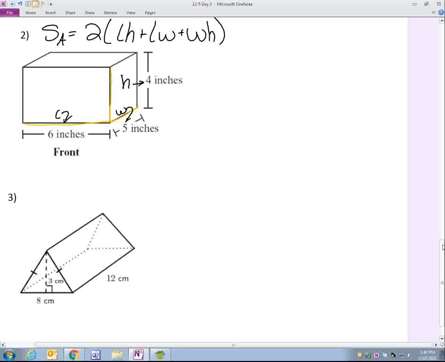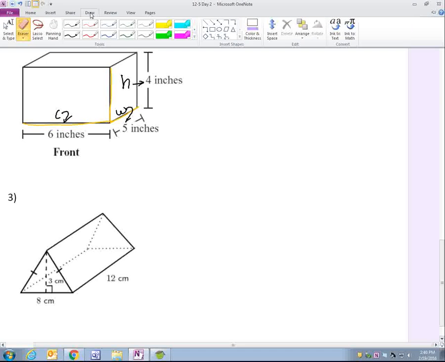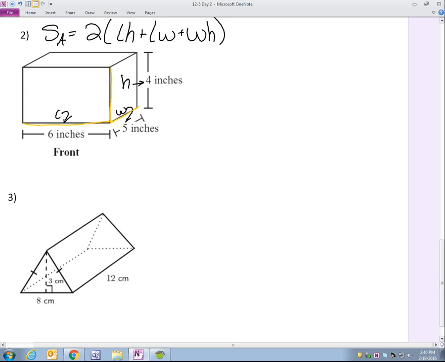Now we have to sub in this information. So I have surface area is equal to 2 times my length, which is 6, times height, which is 4, plus length times width, that's 6 times 5, plus width times height, which is 5 times 4.